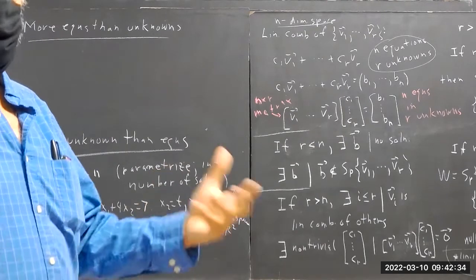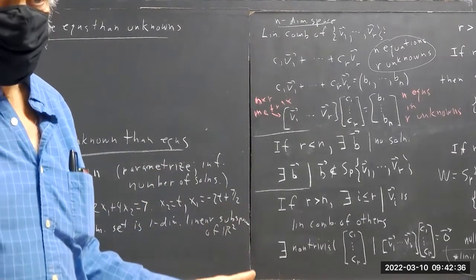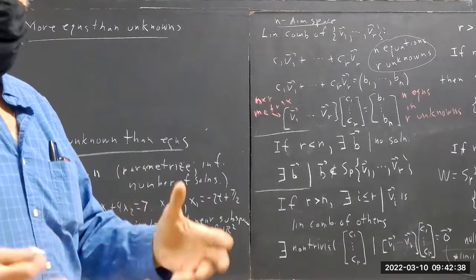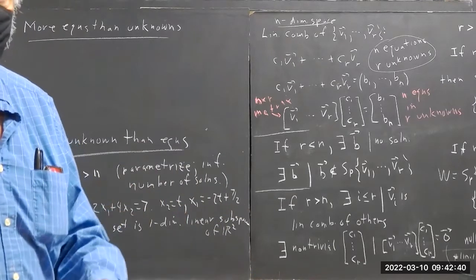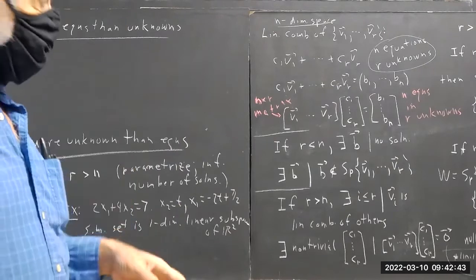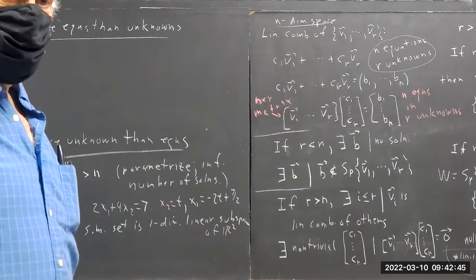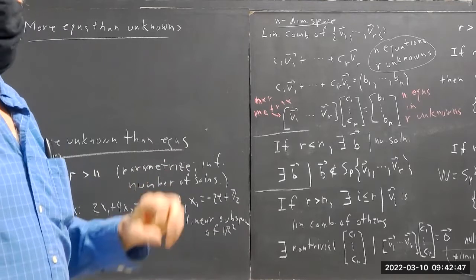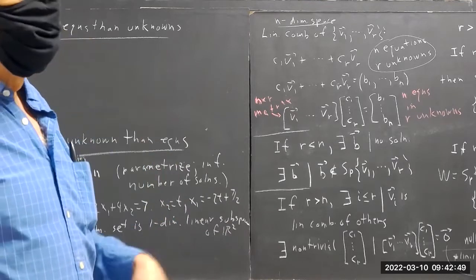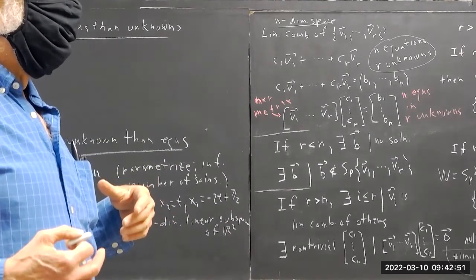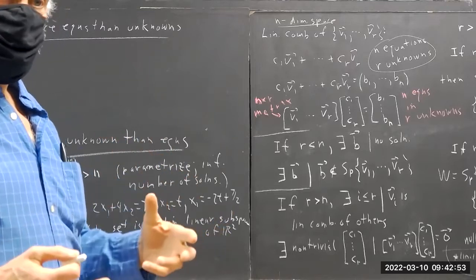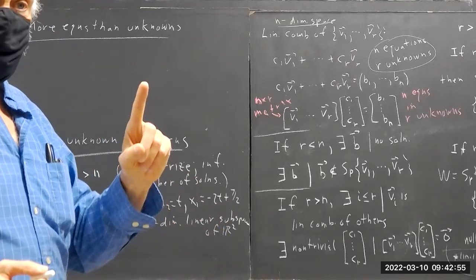And of course, the basis of a subspace is not a unique thing. There are many different ways you can write a basis for a two-dimensional subspace. Now, if it's a one-dimensional subspace, then any basis you write is going to consist of a single vector.